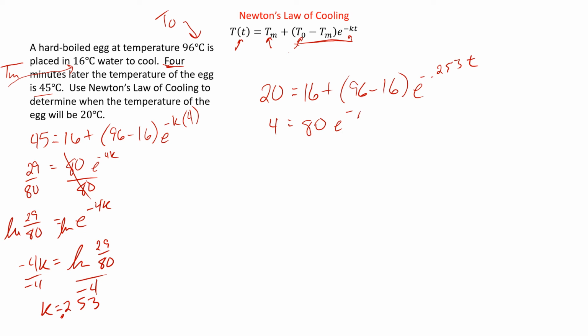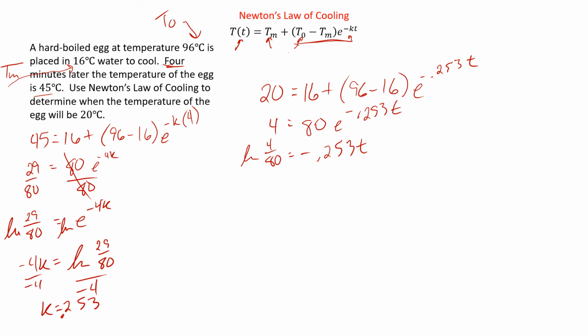I'm going to write the 0.253 t, divide by 80, and then we'll take the natural log. So we'll get natural log of 4 over 80 will equal the natural log of e to the power, which will be the negative 0.253t. We can divide by k. So you have k in your calculator. That should just be that last line.